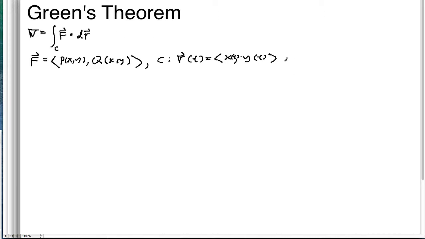If I take the derivative r prime, that's going to be x prime, y prime. And another way to write that is dr is equal to r prime dt.